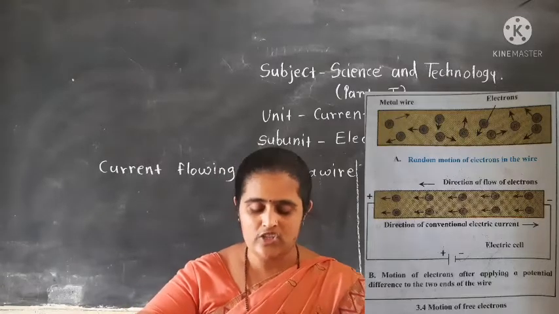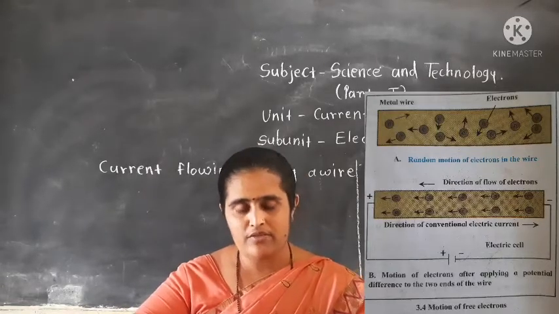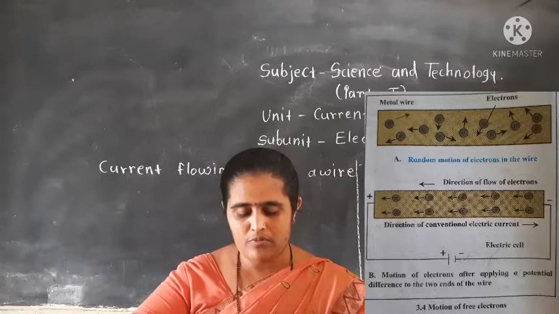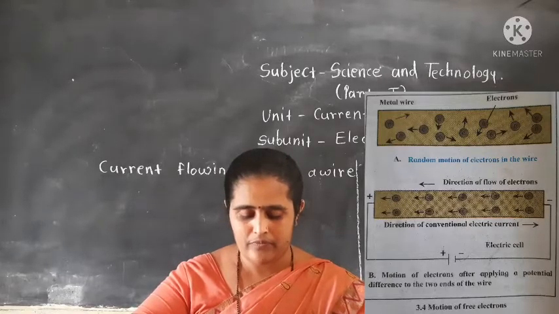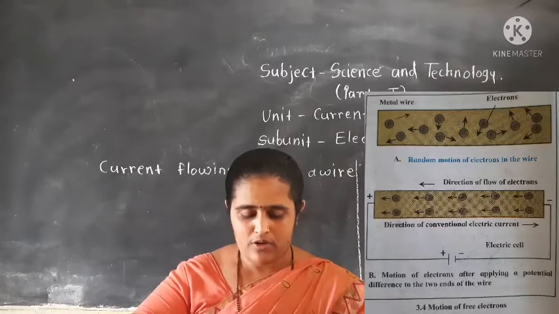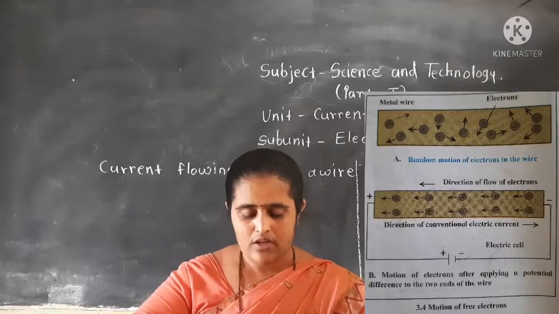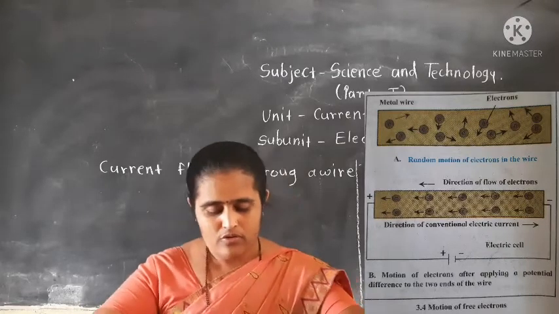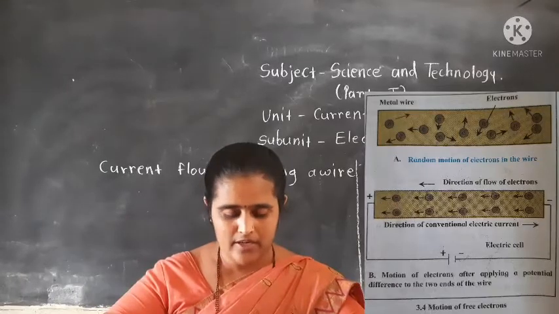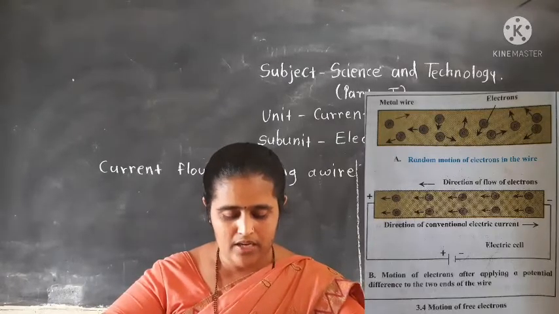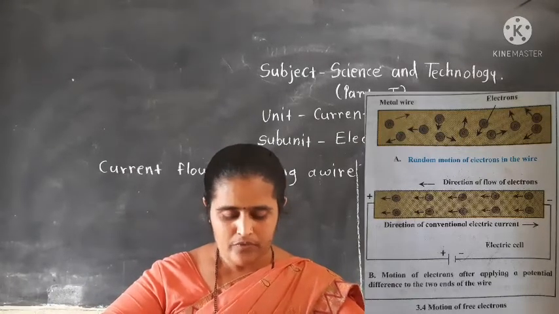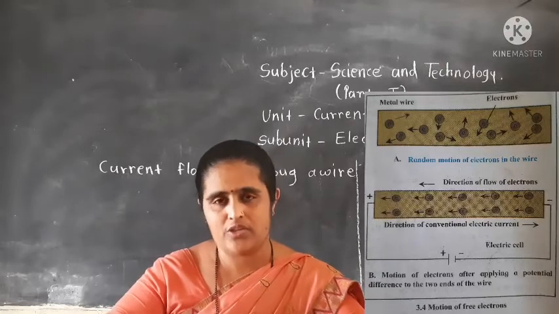Being negatively charged, they start moving from the negative to the positive terminal of the cell, as shown in the figure. Due to the flow of these electrons, current starts to flow in the wire. The motion of electrons is irregular, but there is a definite non-zero value of their average velocity.